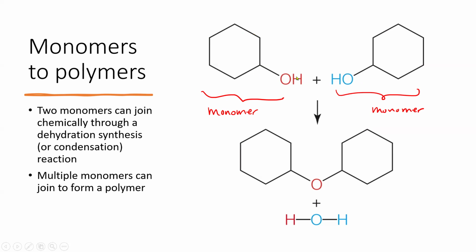And if I want to chemically connect them together, I would have to remove a water molecule. So you remove the OH from one of them, and you remove the H from the other, and that's how you get the H2O. And then you connect them together with a bond.